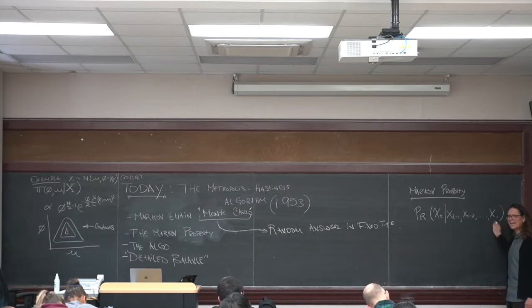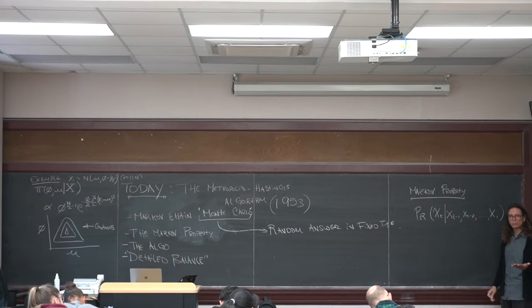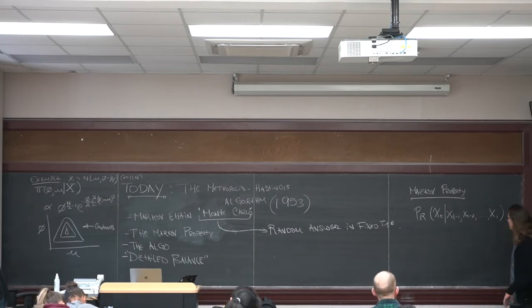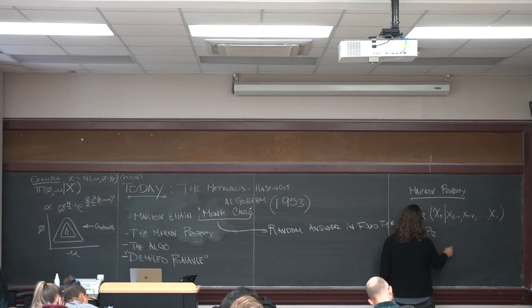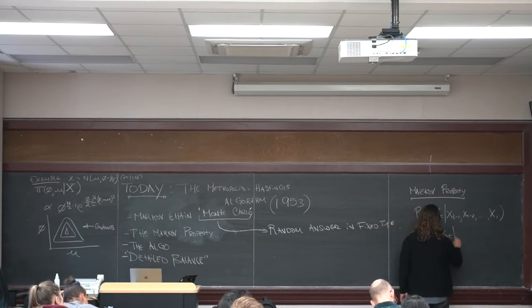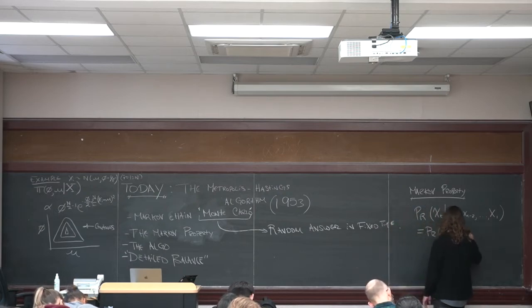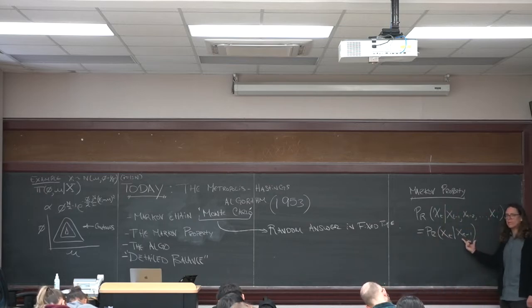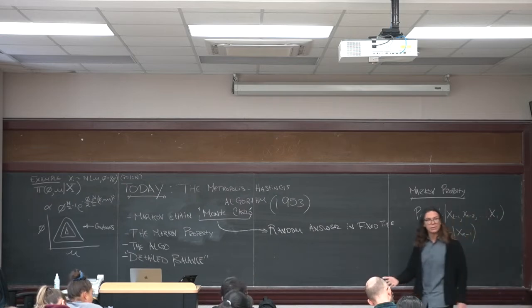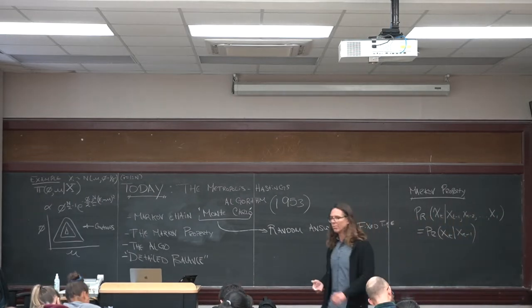I usually start indexing at 0, but in this case I'm just putting a 1 in there, just because that's a little bit more common. This is just equal to the probability distribution of xt given xt minus 1. So the conditioning on the past only depends on what happened at the last step. And that's the Markov property.